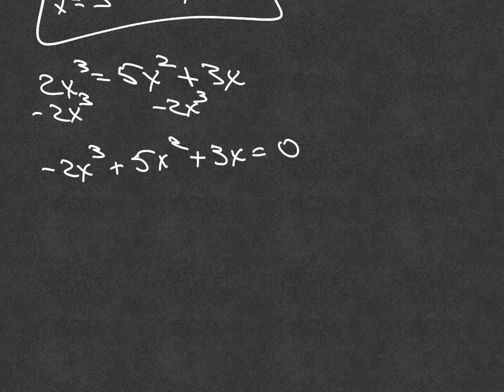Okay? One of the things I don't like is this negative sign here. My leading term has a negative sign because I'm doing it in decreasing order, 3, 2, 1. And with that there, that causes me problems. So here's what I'm going to do. I'm not going to explain the whole method, but what I'm actually doing is factoring out a negative.